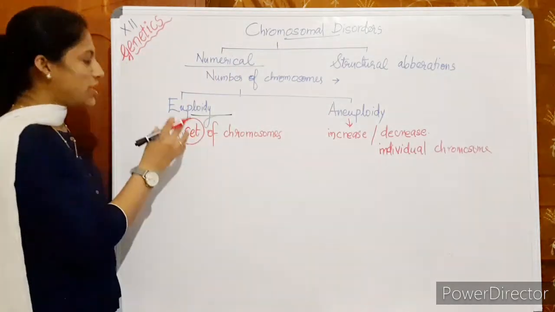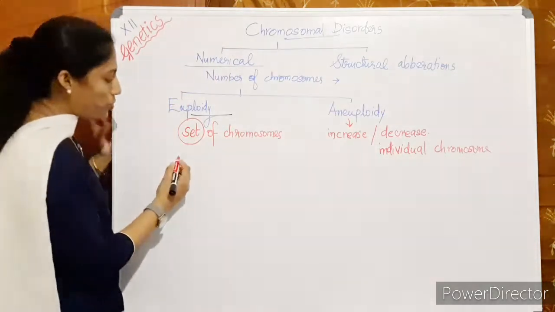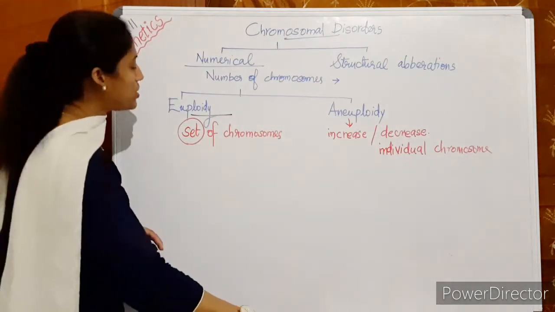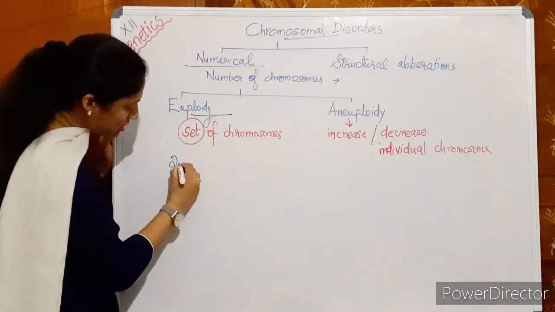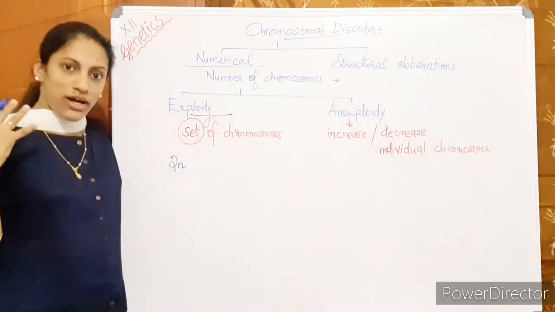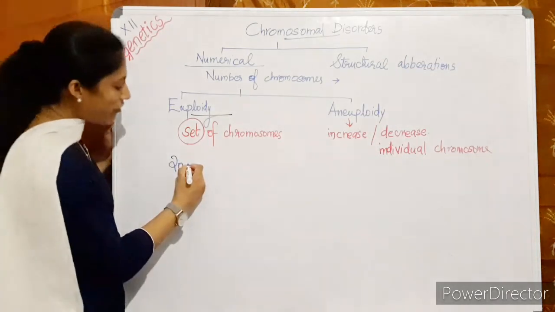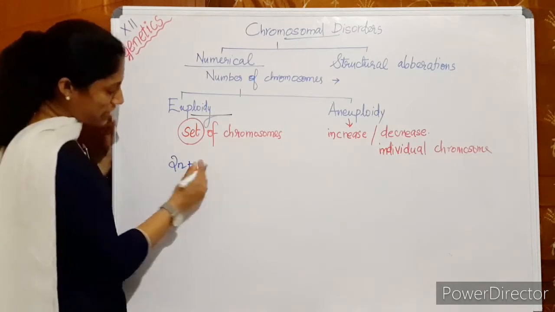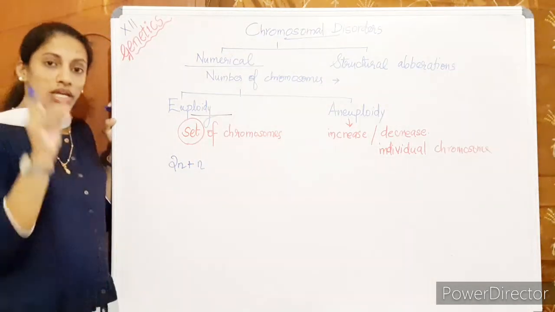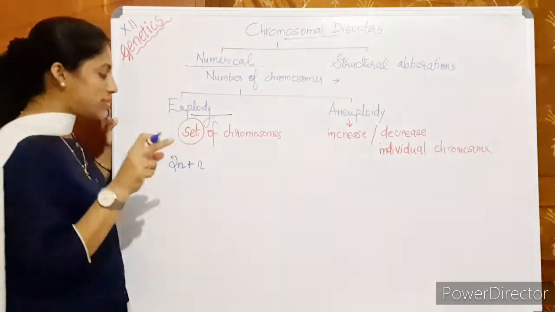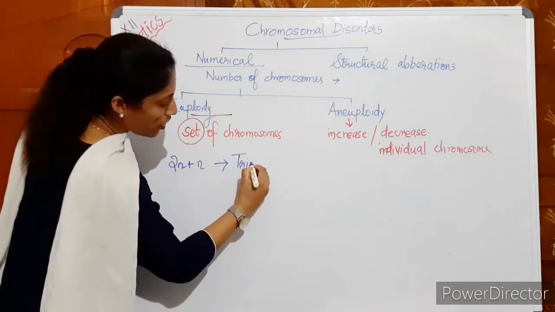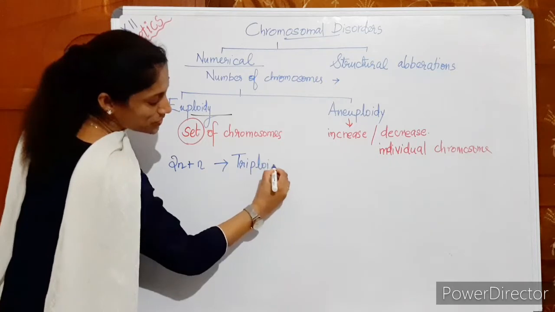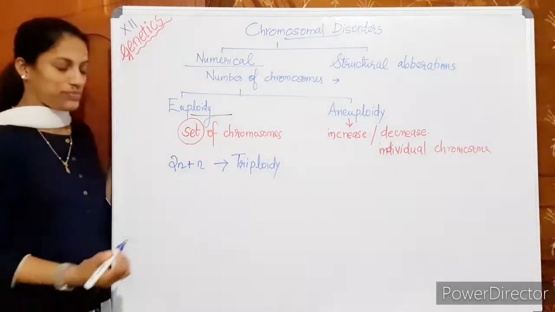That means to a set in euploidy, just listen to the cases. In euploidy, to a set, this is our normal set. We are diploid. If one more set is added to the paired set, n is added, it is known as triploidy. This may be familiar, the name.